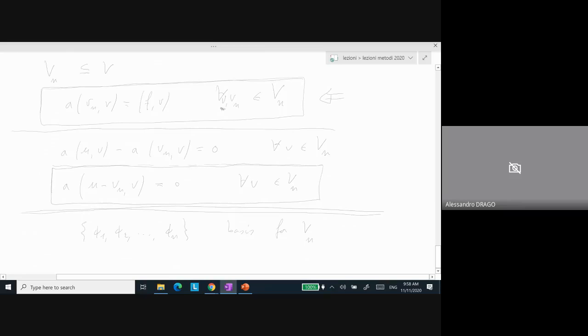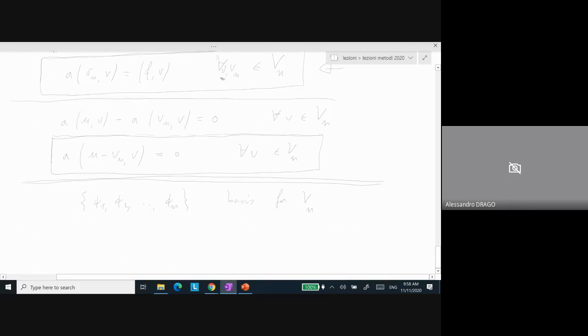So in practical terms, I have to check that this equation here is satisfied for each of the elements of the basis. So it means essentially that I have to find a Vn such that A of Vn, phi j is equal to F, phi j for j running from 1 to n.